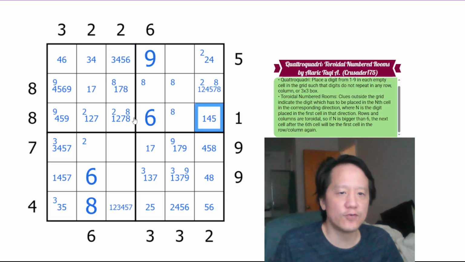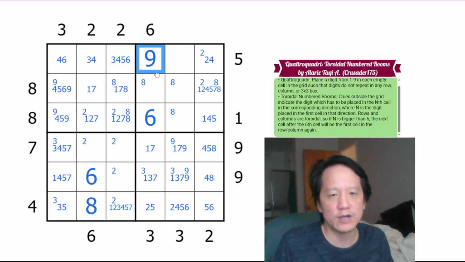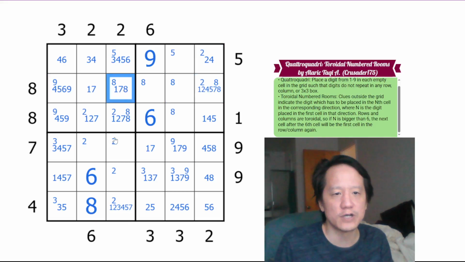1 can be in the 1st, 4th, or 5th position. It's fine. So 3 is in 4 or 6. That's fine. 2 is in 3 or 4. 2 could be any of these 4 because 3, 4, 5, 6. We have 9 already for the positioning for 6. 5 can only be in 2 and 4. 8 here can be in 4, 5, 6, or 9. 8 here cannot be in 4.